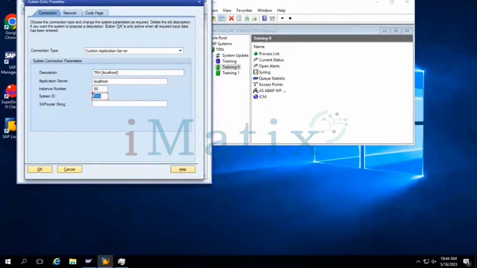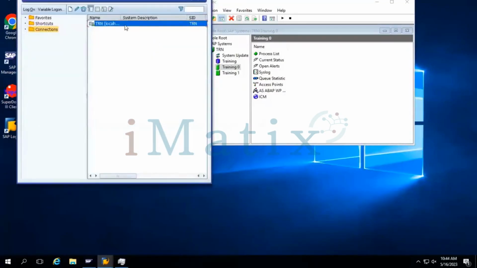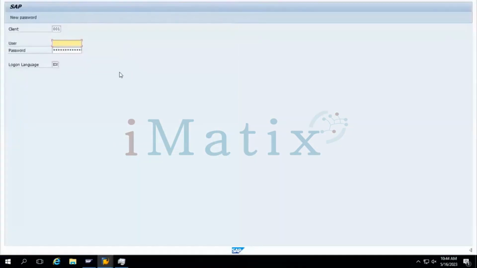How many characters is it? Yes, 3 characters. Always an SAP system is represented by 3 characters. And whenever we are going to log in with client software, we are going to log in into this system and then we can start work.